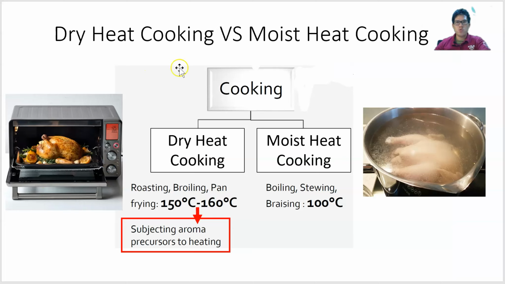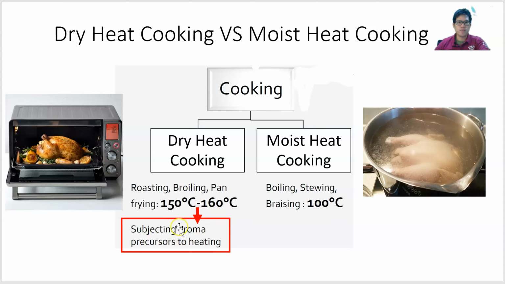So for dry heat cooking and moist heat cooking, what's the difference in the cooking conditions? In dry heat cooking the temperature is usually a lot higher, about 150 to 160 degrees Celsius. For moist heat the maximum is 100 degrees Celsius, because beyond 100 degrees the water will evaporate, unless you're using a pressure cooker, where you can go slightly higher.